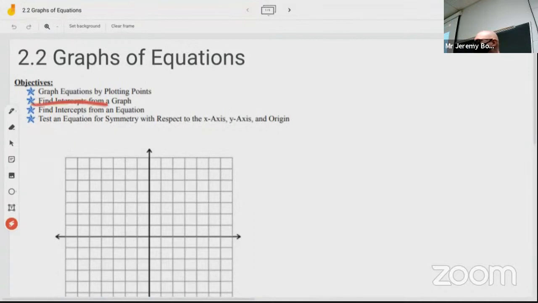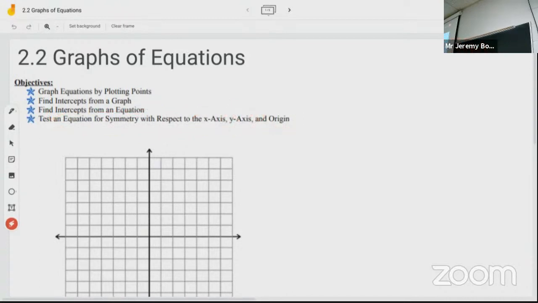Then we're going to talk about finding the intercepts from a graph, and then finding the intercepts from an equation. We're going to introduce what intercepts are, how to find them when you're looking at a graph, and how to find them when you're just looking at the equation and you don't have the graph. And then we're going to start talking about testing an equation for symmetry with respect to the x-axis, y-axis, and origin.